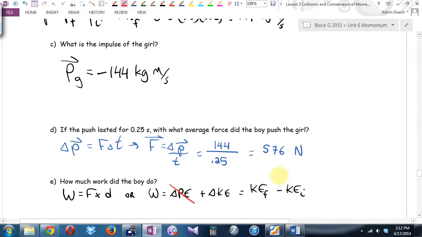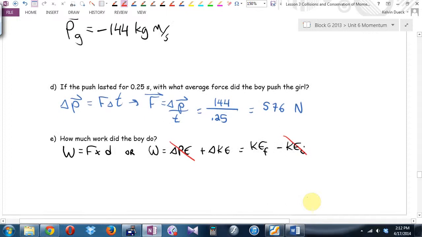They were both at rest. So I think the work is going to be the final kinetic energy of both of them, because they both started moving, and that all came from the boy. It's going to be the kinetic energy of the girl and the kinetic energy of the boy. He provided it all. That's how much work he had to do to get both of them moving.